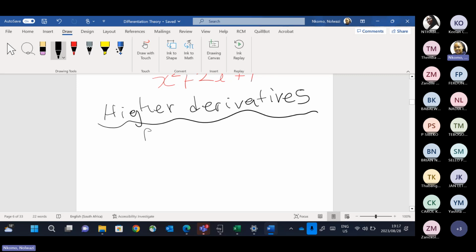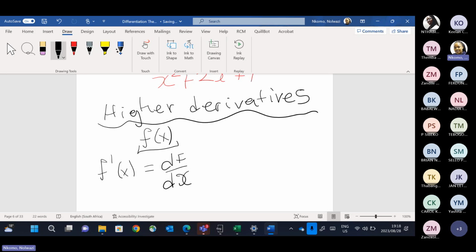Okay, suppose we are given a function f at x, right? If you are asked to find the derivative of this f at x, then you'll denote that derivative as f prime at x, right? Or df over dx.